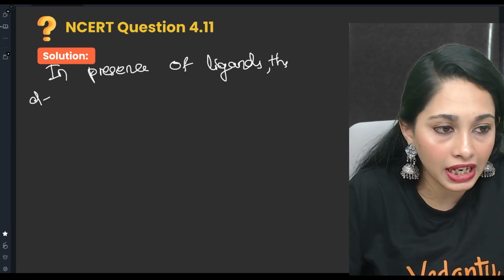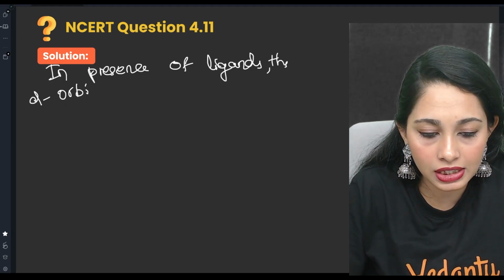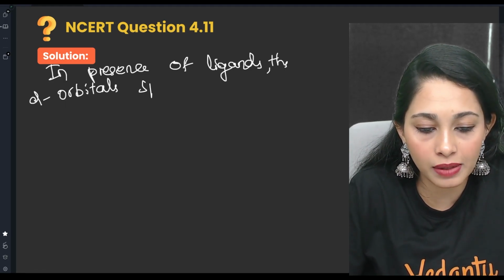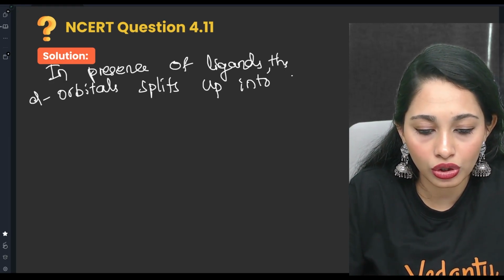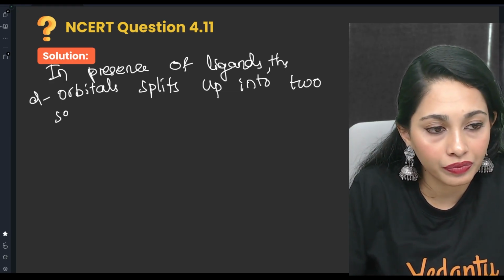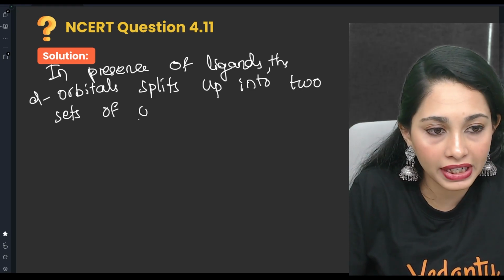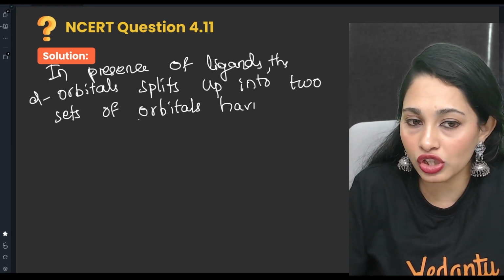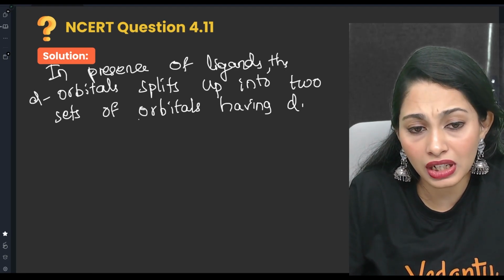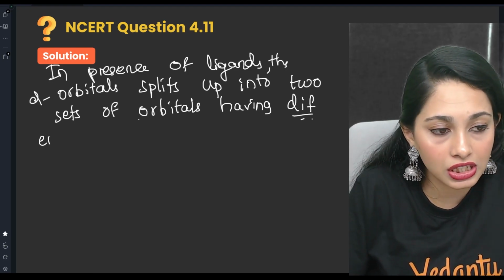In presence of ligands, the d orbitals split up into two sets of orbitals having different energies, t2g and eg, having different energies.